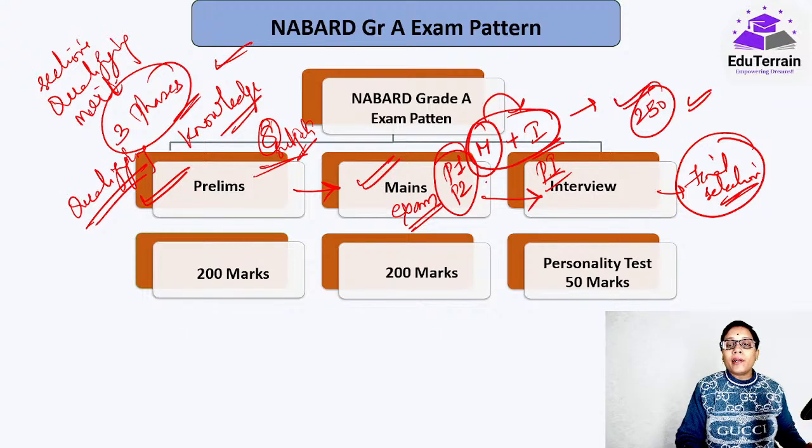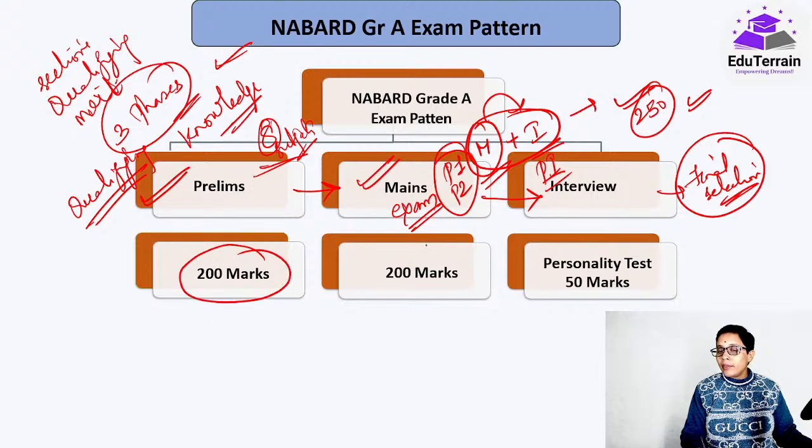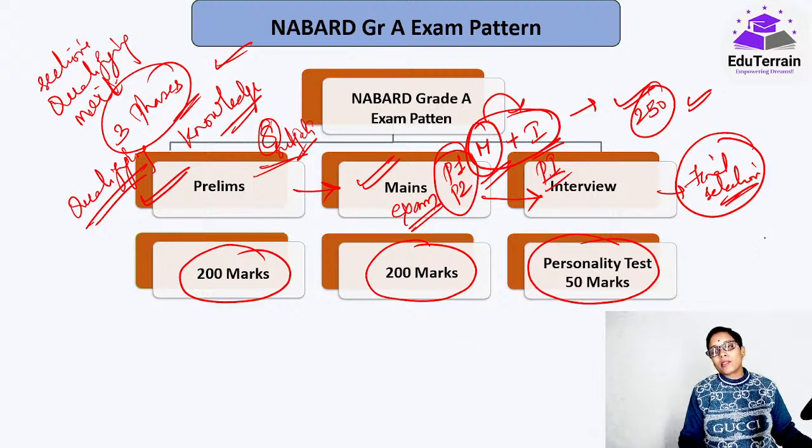You have to strategize that you score as much as possible. Okay, so prelims is of total 200 marks, mains 200 marks, and personality test 50 marks. So overall, these together will help you in your final destination.